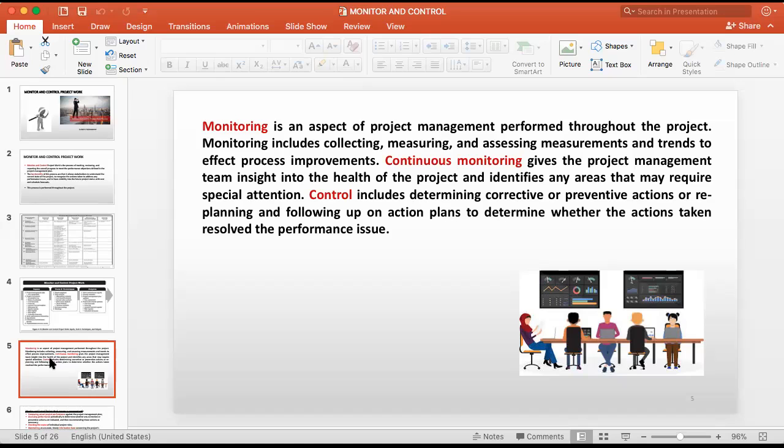In local projects in Sri Lanka, sometimes the steering committee will be chaired by the secretary to the ministry. You have to go and tell your problems, and all the other heads of the organizations also come to the steering meeting. They will give the decisions: okay, we will do it like that to help you carry out the project. So likewise, all these things are monitoring of the project.